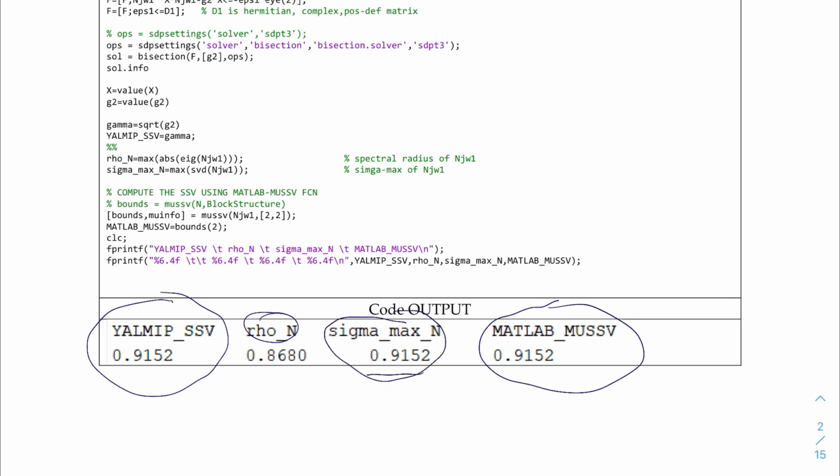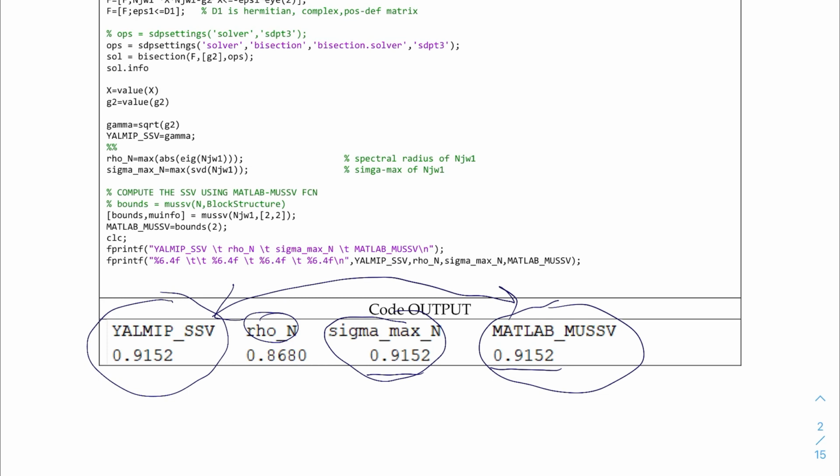You can see 0.9152, and this is again 0.9152. First of all, we want these to agree, and that's a good thing. You need to check to control if you are making some mistakes in some algorithm.